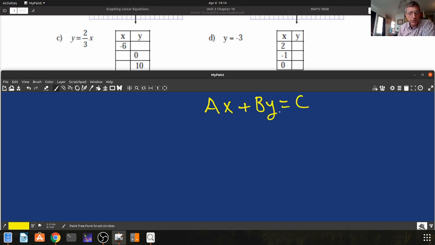My variables are x and y. If you don't like the term variables, use the word unknown. My unknowns are x and y. I know that any equation that can be written this way has a graph which is a straight line.